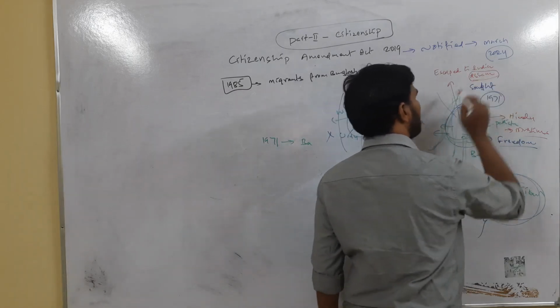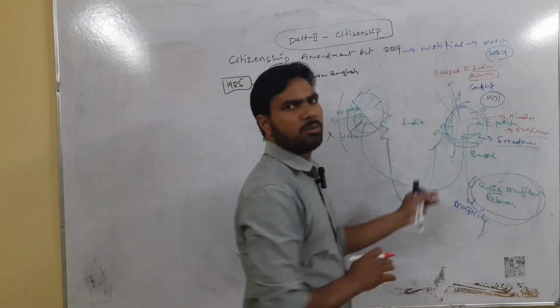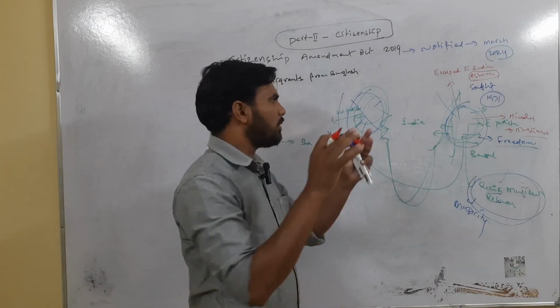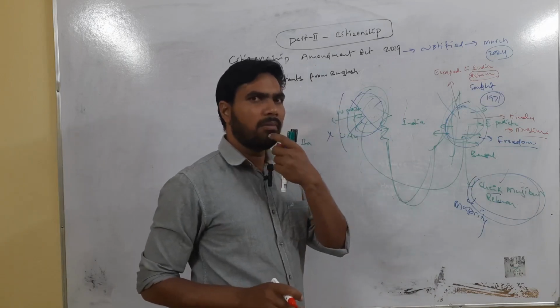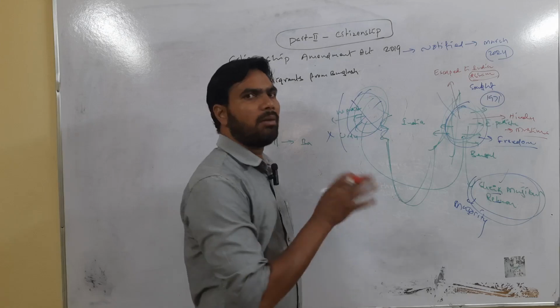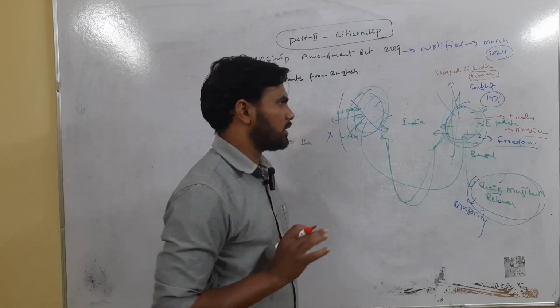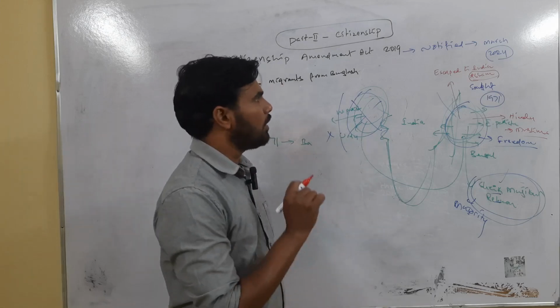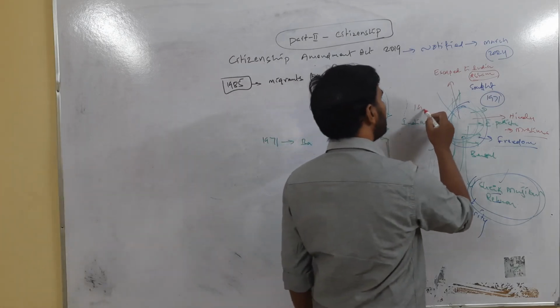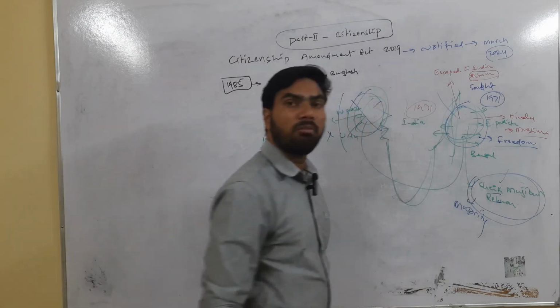Majorly, they came to Assam. They settled in the valley of Brahmaputra, and some of them settled in the valley of Barak. Okay, Barak Valley and the Brahmaputra Valley. You have to remember these things. So this is how 1971 saw a huge influx of migrants.